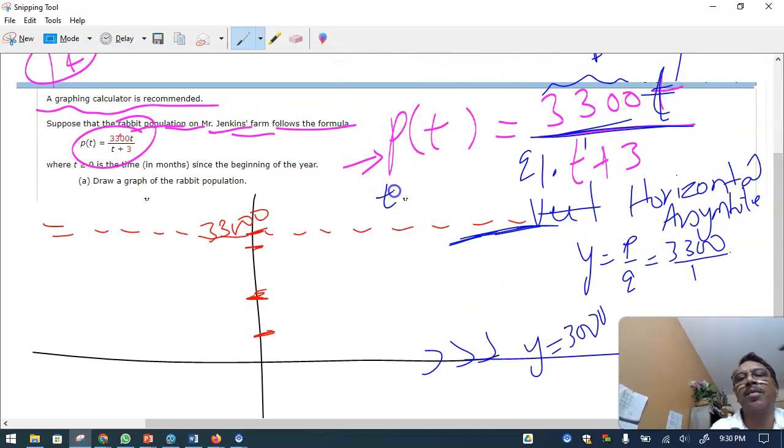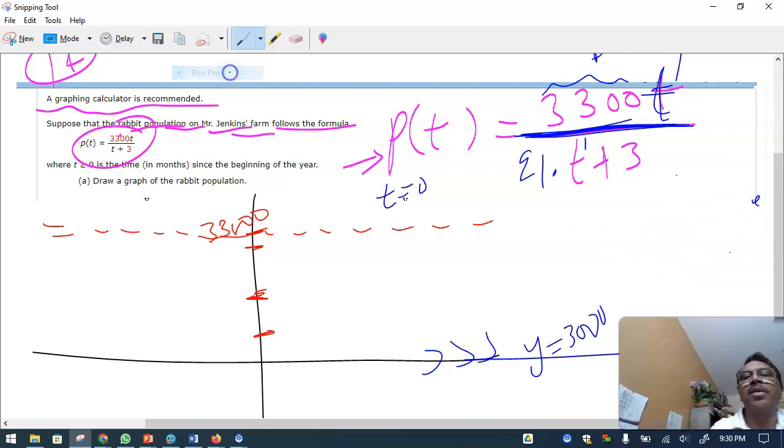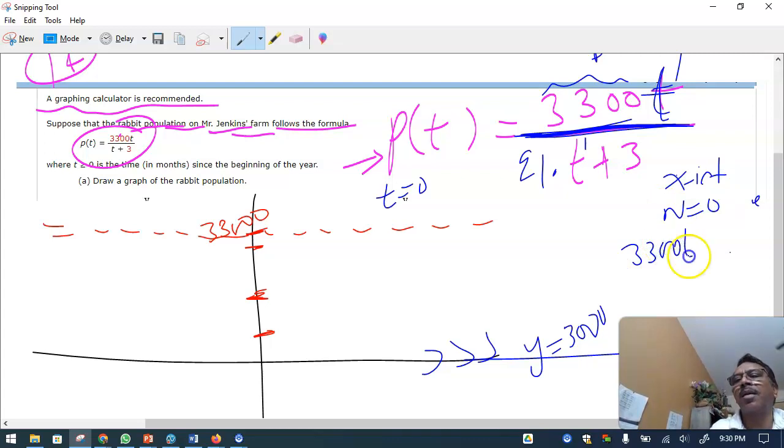And if you see in the equation here, we want to know the x-intercept. To find the x-intercept, you need to write when the numerator becomes equal to 0. So put the numerator equal to 0: 3300t equals 0, and the only option is t equals 0, so it has to go through this point. And what is the y-intercept? To find the y-intercept, put t equals 0 here.